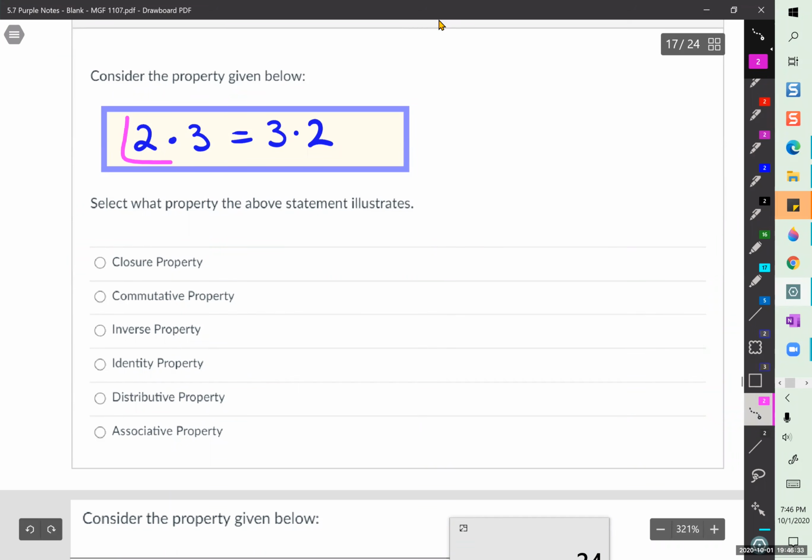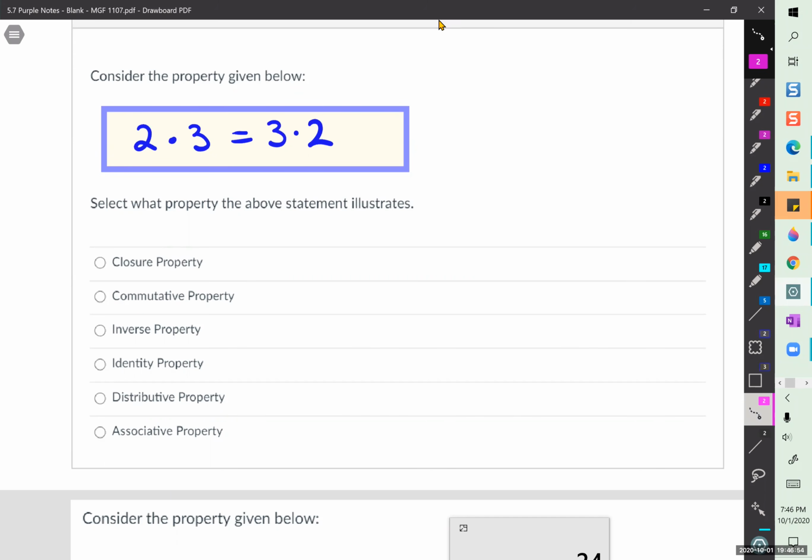So I think what's happening here is, notice we start with 2 times 3. And it says it's equal to 3 times 2. What has occurred to make the left side visually different looking than the right side? Not different in value, but different in expression. We've kind of reversed the order, right?